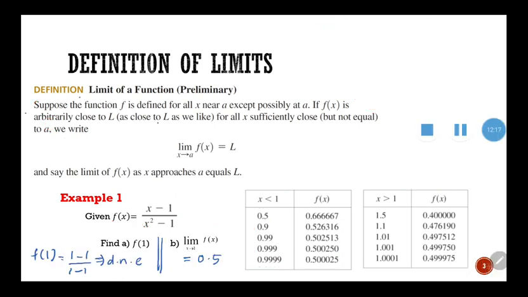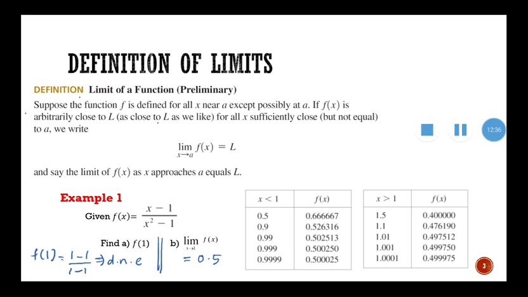Okay, so here I erased everything earlier, it looked very messy, and I have this. So for A, the answer that we have here, for f(1) earlier we tried to substitute x equals to 1 into this function, then we get 0 over 0. So meaning that the solution does not exist.